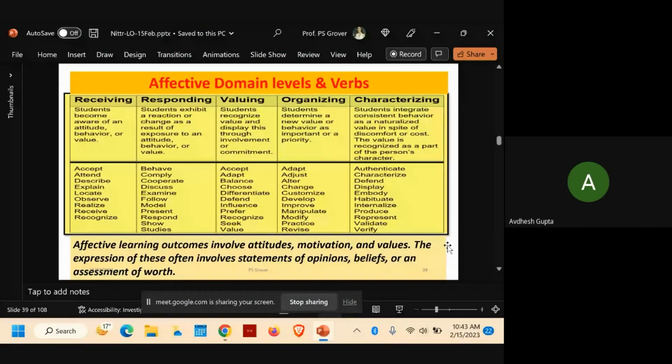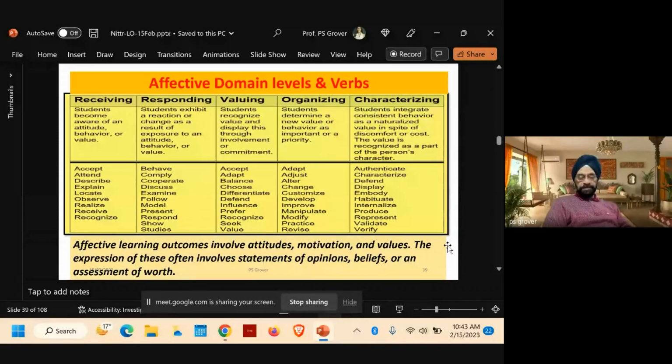Excuse me, sir. Yes, please. Sir, there are many action words that are common to different Bloom's levels. So how to distinguish among those? Now here comes our judgment. See, keep in mind, these are not exact. They only provide the guidelines.